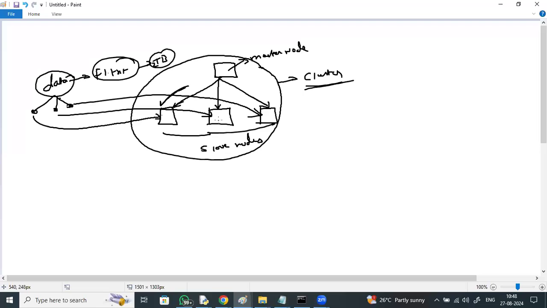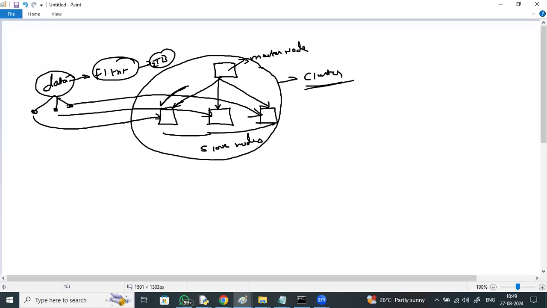Means 20 systems running parallelly, executing a single job. Here you can see 2 things: data distribution and data processed by multiple systems. You need not perform anything here. Everything is taken care of by a framework like Spark.